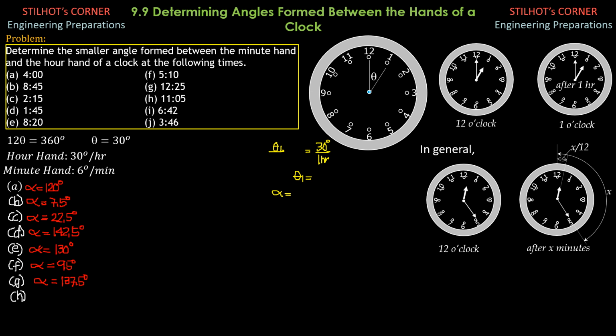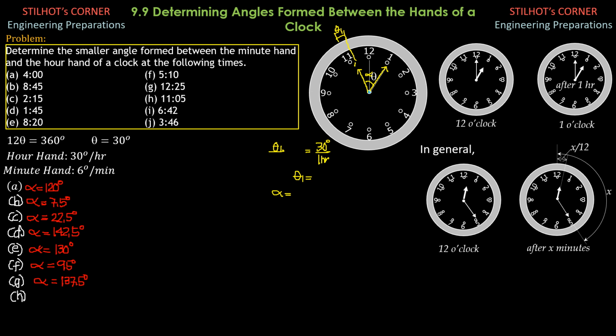So that means the minute hand is pointing to this mark here, and just beyond 11 here is the hour hand. So this is alpha, and I'll call this theta 1.